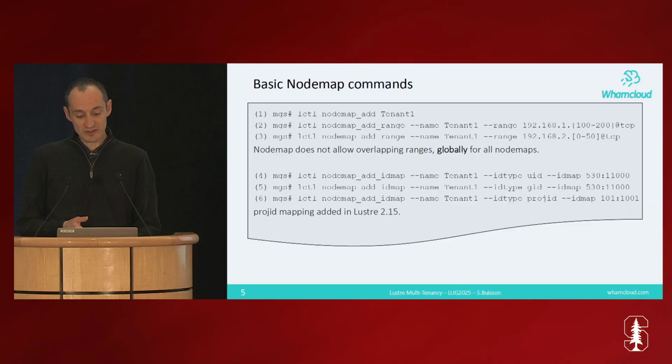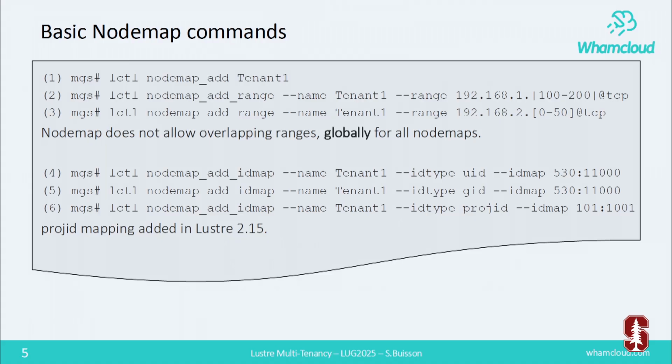So you use lctl nodemap_add_range, --name, the name of the tenant, and --range, the NID range that you want to add to this node map. So you can add as many NID ranges as you like. You have two constraints. Those NID ranges must not overlap. And globally for your Lustre file system, one NID can only be part of one node map.